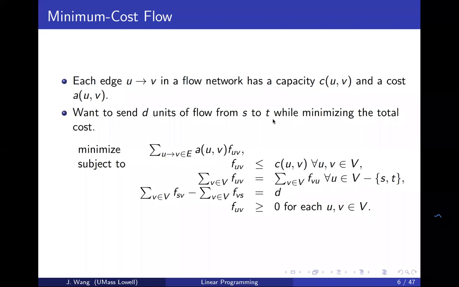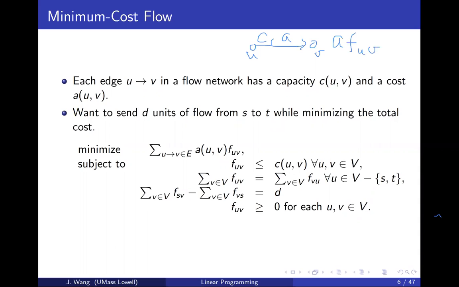So we have a capacity C, we have a cost a, and if you ship f_uv, then the cost is a_uv times f_uv.